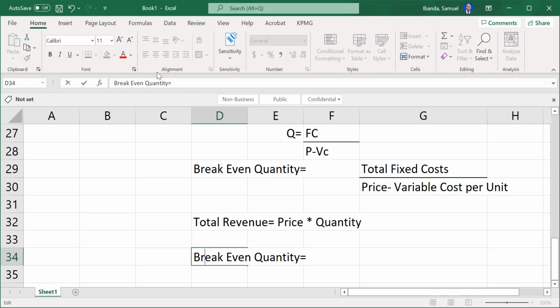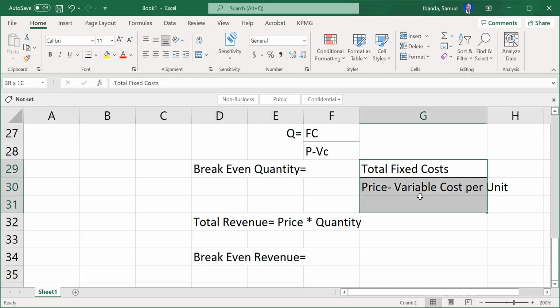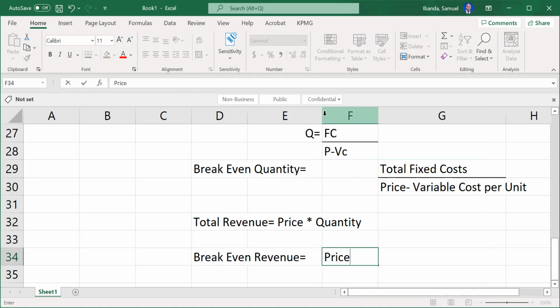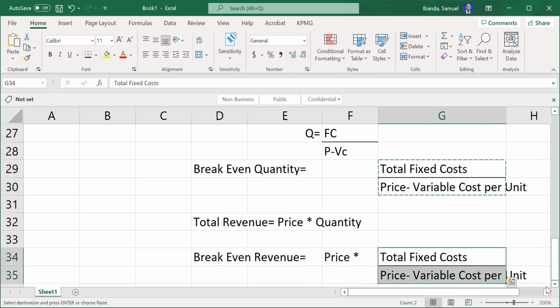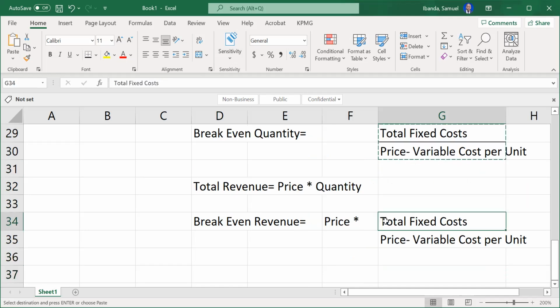But if you want to determine what we call the break-even revenue, or revenue at break-even, you substitute where there's quantity here, you put all this. So it means that if I want to determine break-even revenue, it will be price times my so-called quantity, which quantity at break-even is given by all this. Are we together? I can even put this in brackets.